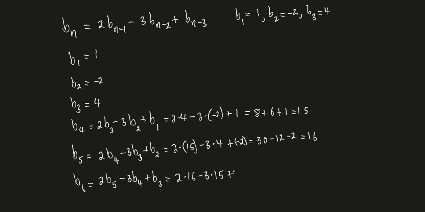So plus 4. What do we have here? We have 32 minus 45 plus 4. So 32 minus 45 is negative 13, plus 4 is negative 9. Not what I would have guessed, and you probably didn't guess this either, but this is our next term.